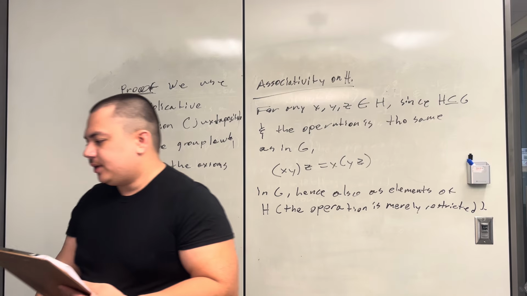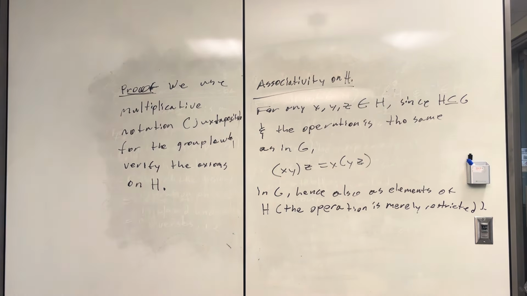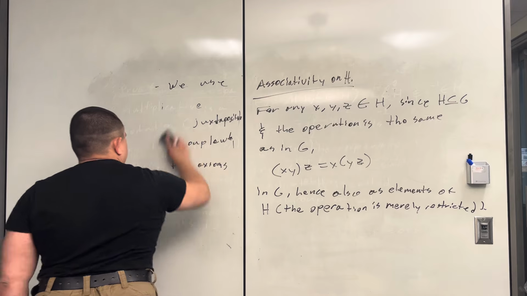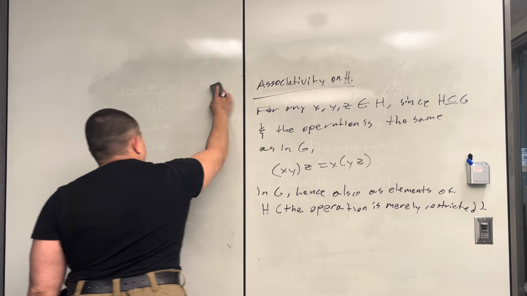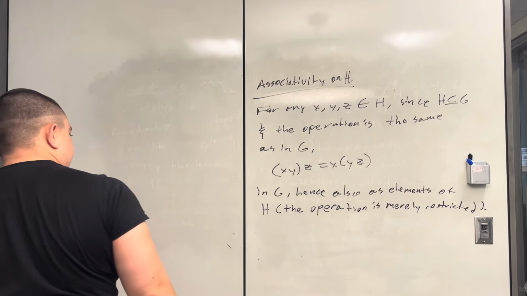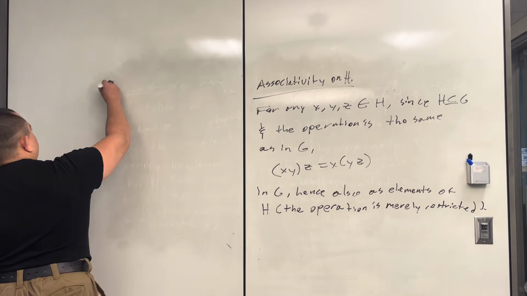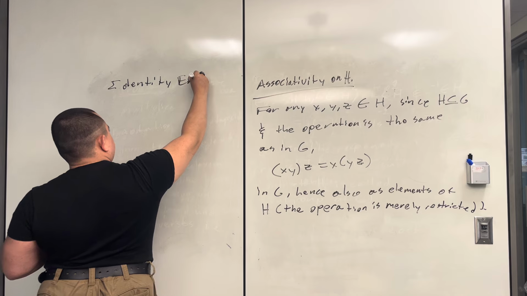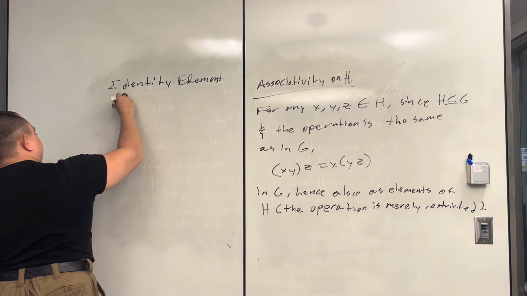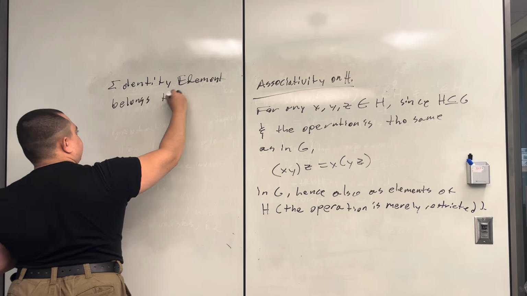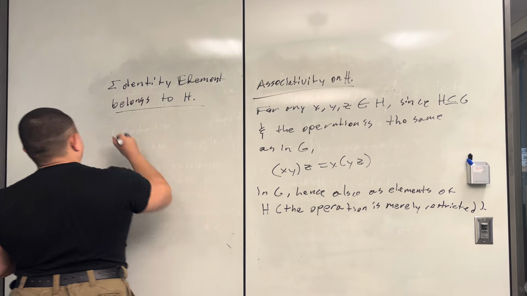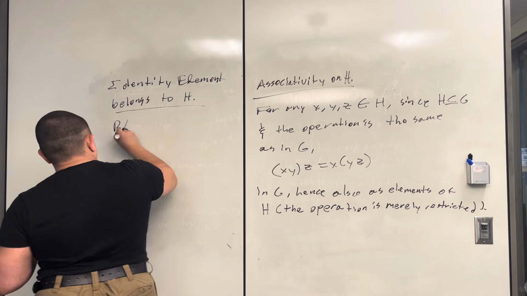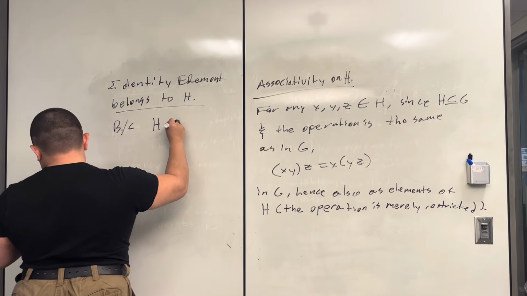So we have associativity. Now how about the identity element? We want to show that it belongs to H, because H is not the empty set.